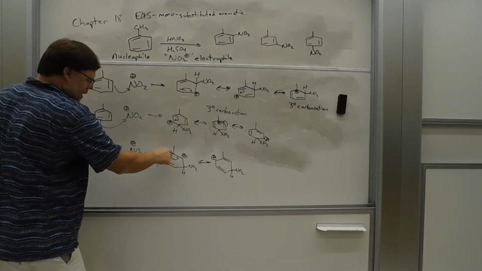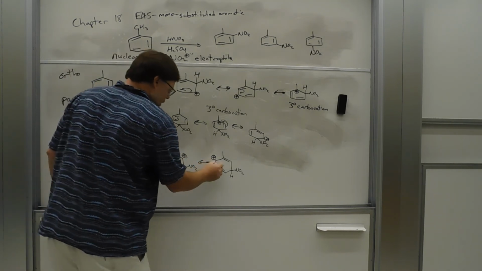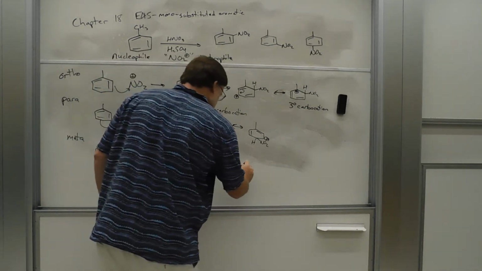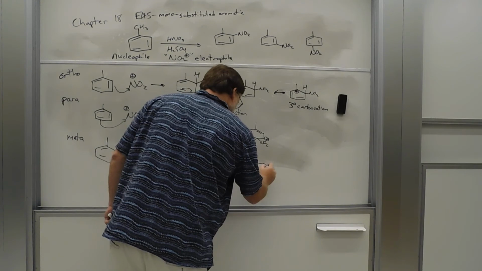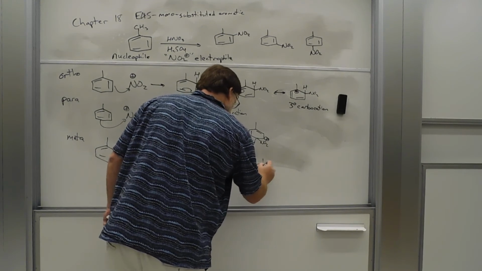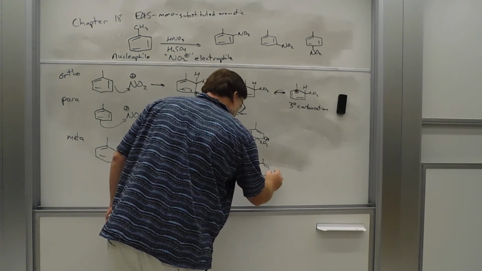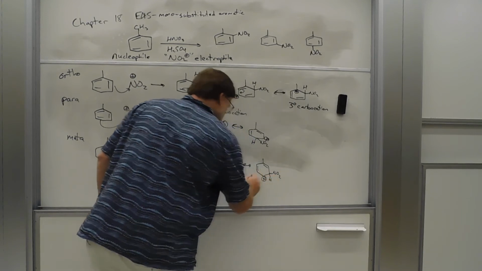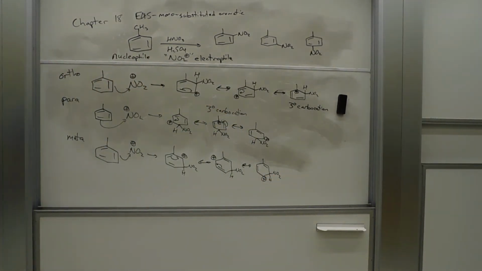So we get this cation, we can delocalize that over here, and we can delocalize it to there. And there we go, those are our 3. We still get 3 resonance structures, but they're all secondary.